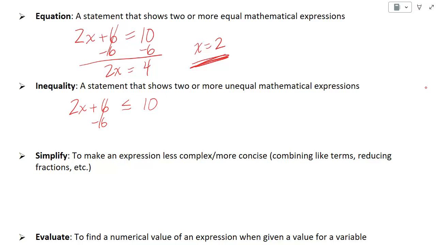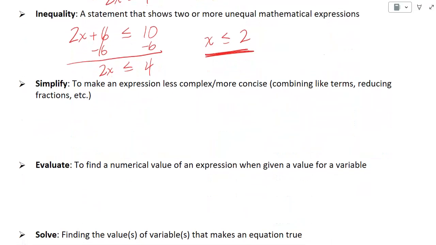You could solve that pretty much the same way. There's a few different rules that you don't have to worry about so much with an equation. Divide both sides by 2. x is now less than or equal to 2. That's the main difference when you're solving an inequality, is that your solution is going to be a range of values. So in this case, x is anything that is less than or equal to 2. We'll get more in depth into that when I get to that video.